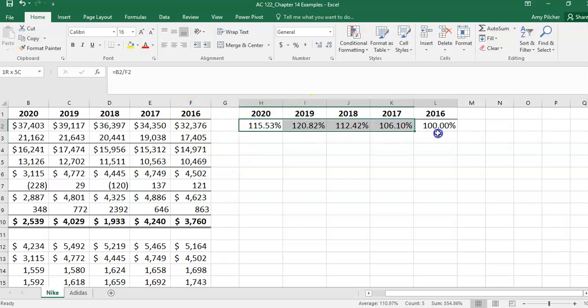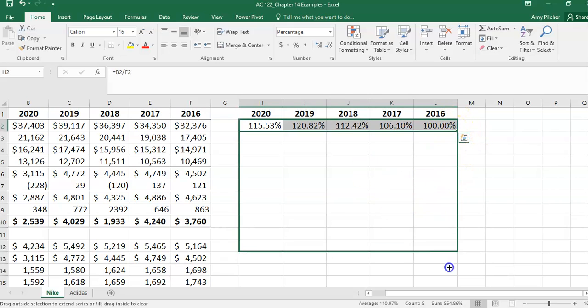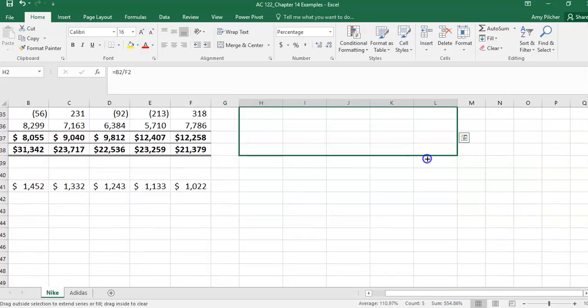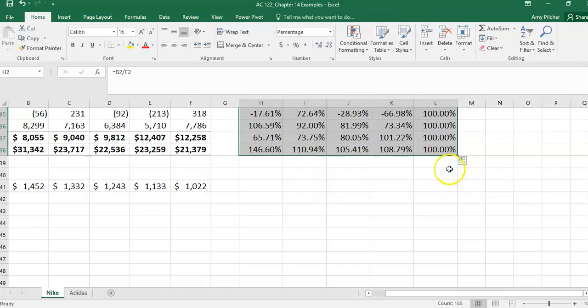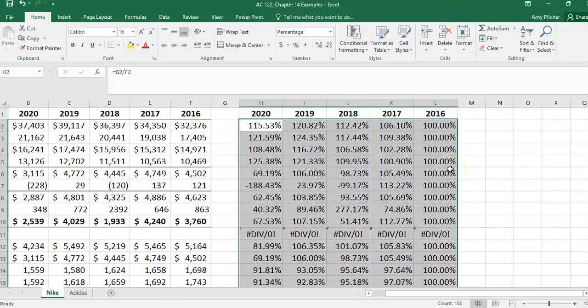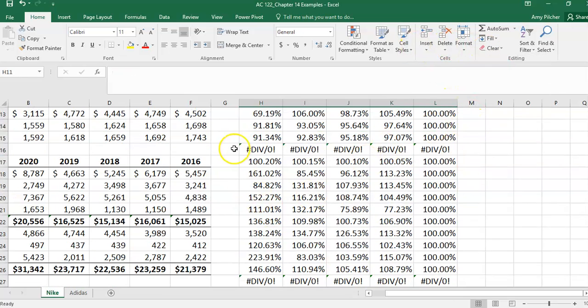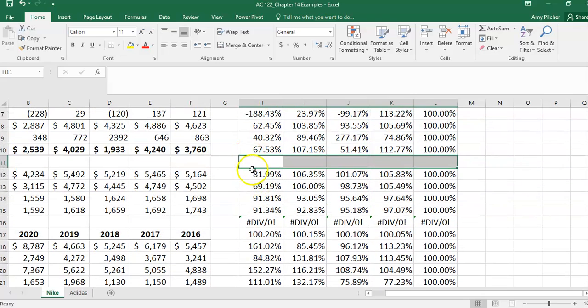Because we're using Excel, we can now just copy all of those formulas down through both our income statement and our balance sheet and have all of this information. Then I like to go through and remove the information from blank lines so it's easier to read.